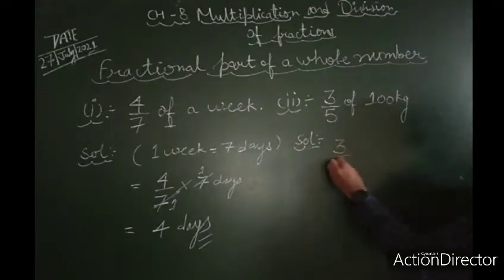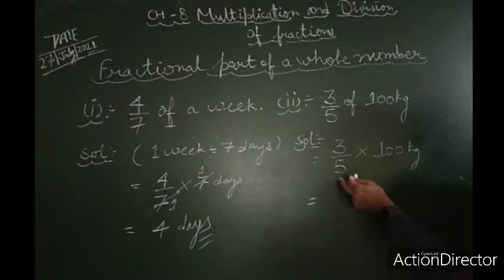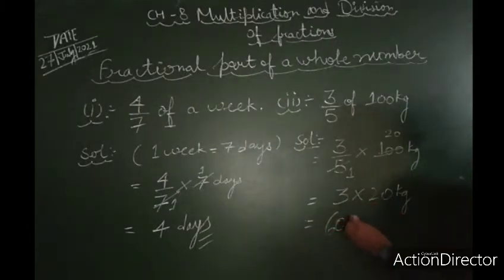So we write 3/5 multiply by 100 kilogram. Now this 100 is divisible by 5. So 5 ones are 5, 5 twos are 10, and after that we get 3 multiply by 20 kilogram. So we multiply 3 and 20, 3 twos are 6, 60 kilogram. So 3/5 of 100 kilogram is equal to 60 kilogram.